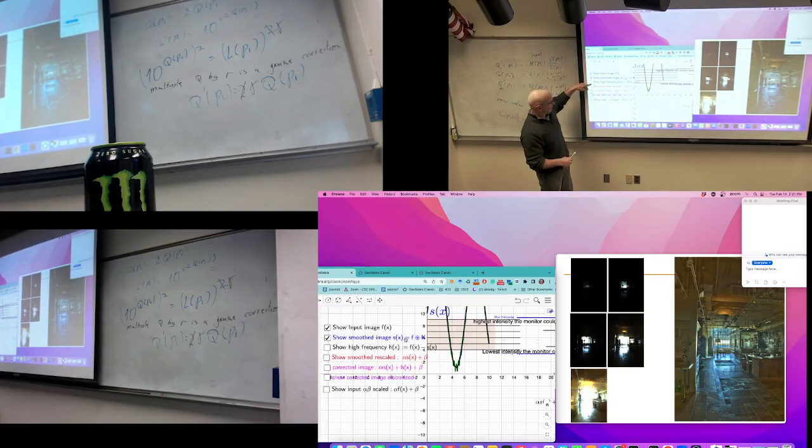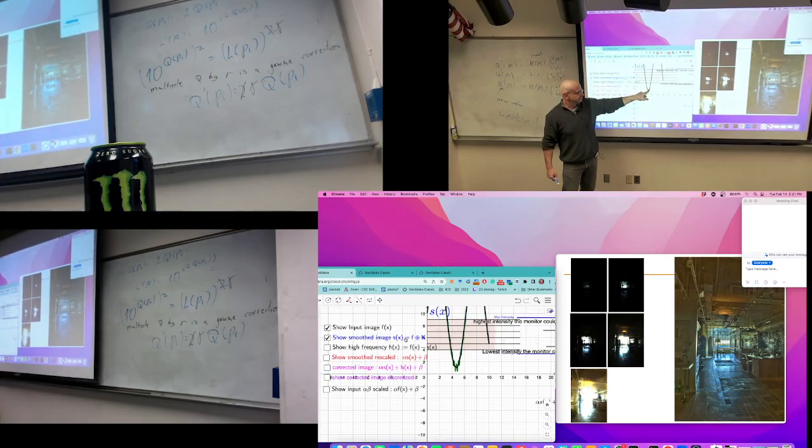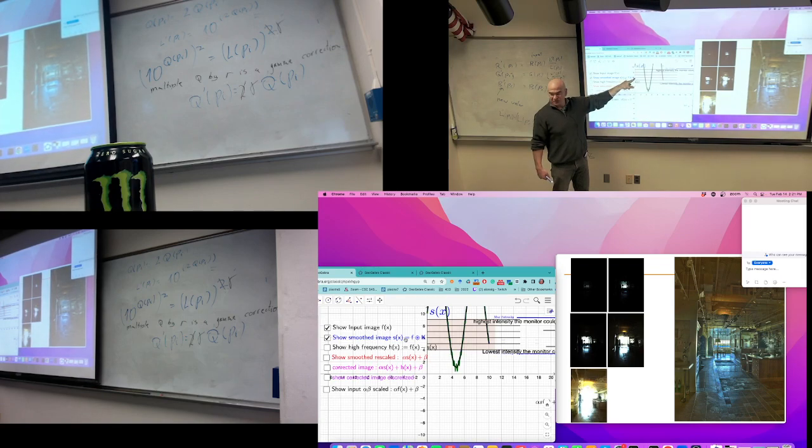So where are we? The original function is q. We prefer to work on the log. I take q and I convolve it with a smoothing function. You can go fancy and use a Gaussian, or you can just use a box.